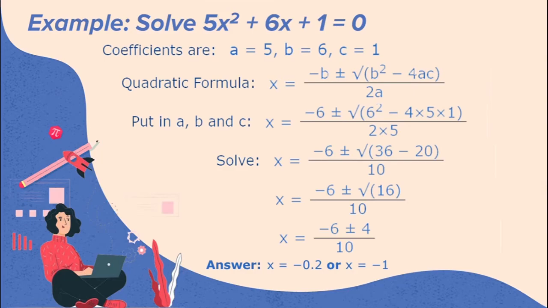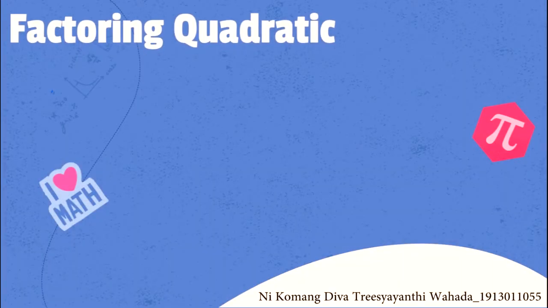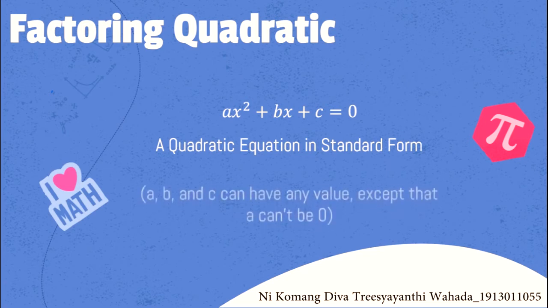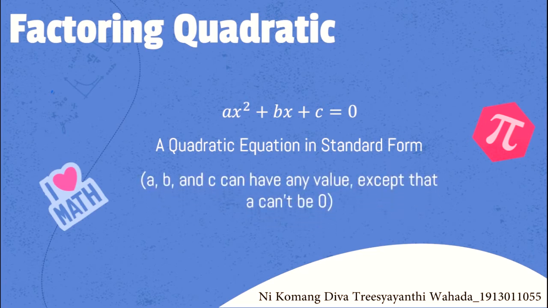So next, factoring quadratics. ax squared plus bx plus c is equal to 0, a quadratic equation in standard form. a, b, and c can have any value except that a cannot be 0.